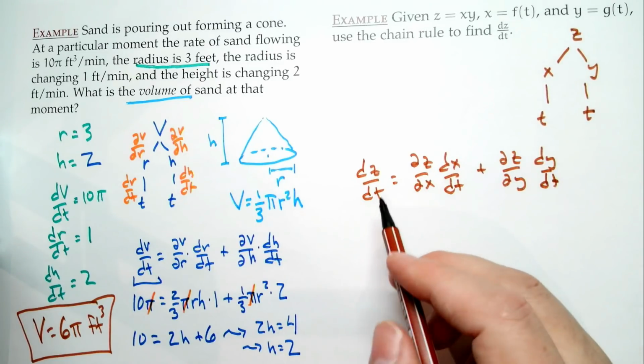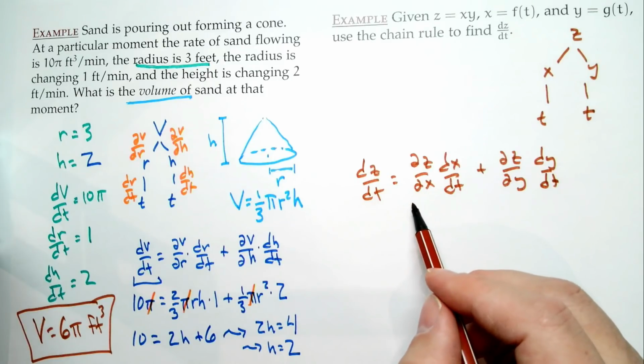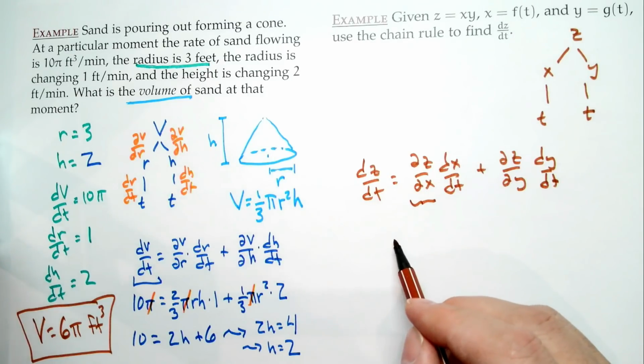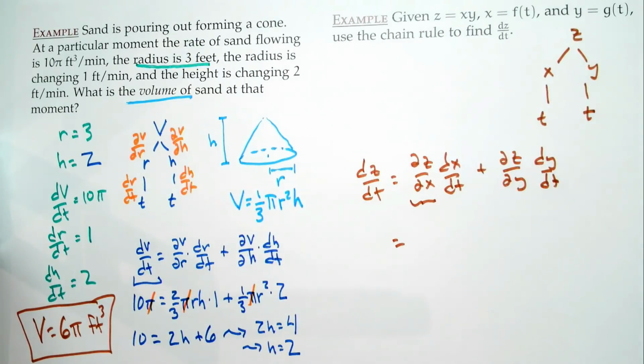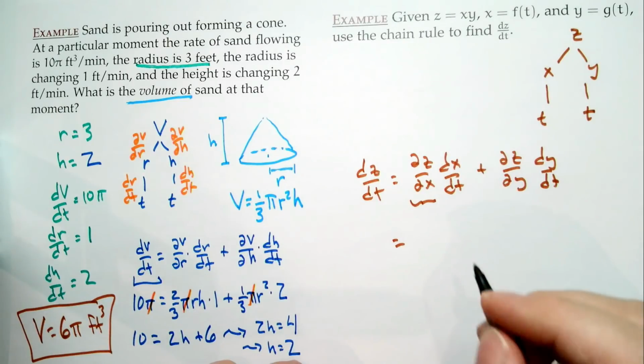Now we're going to go through and fill these out. Partial z partial x, what is that? So again, z is x times y. If I take the derivative of x times y with respect to x, what do I get? Partial z partial x is indeed y.